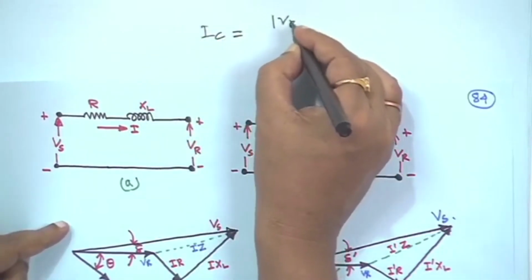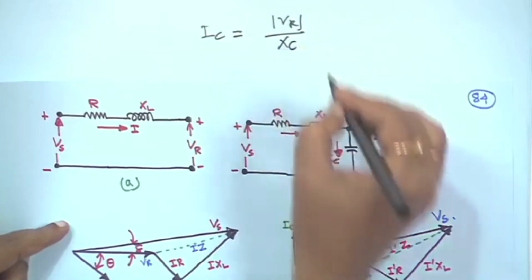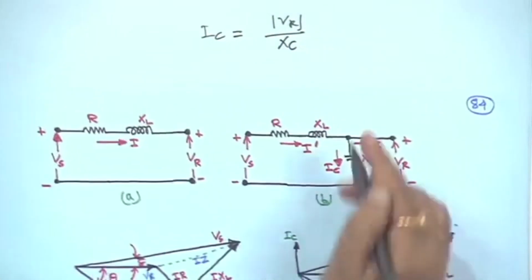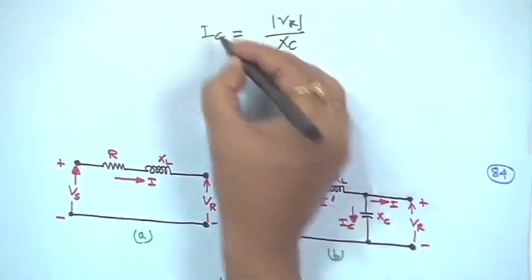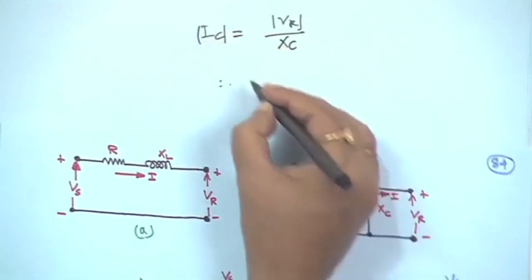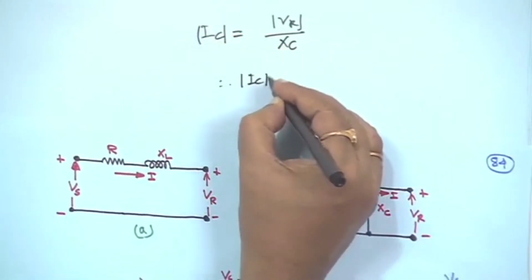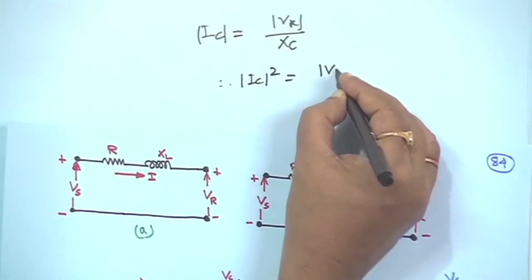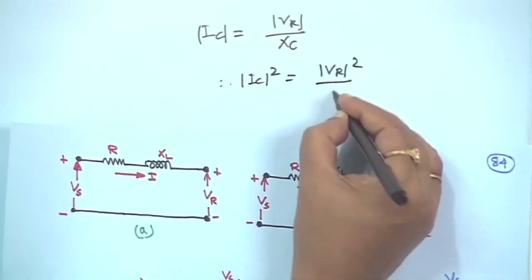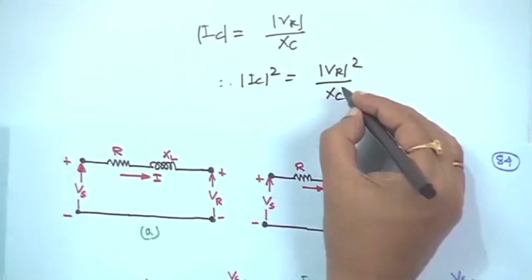is VR upon XC. This is the current magnitude. Therefore, here also IC magnitude. That means IC square is equal to VR square upon XC square.